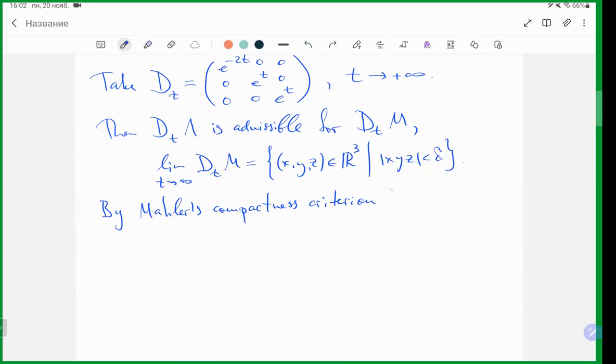There exists a sequence t_n such that t_n tends to infinity as n tends to infinity, and D_{t_n} lambda tends to some lambda prime.